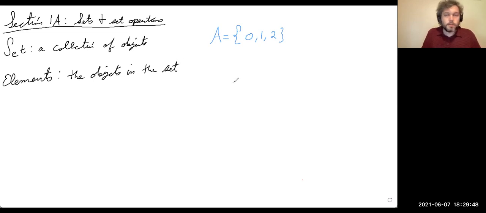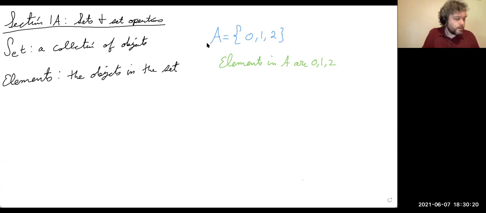So the elements in set A are 0, 1, and 2. There's 3 objects in set A. So those are the elements of set A, and we have a notation for this.